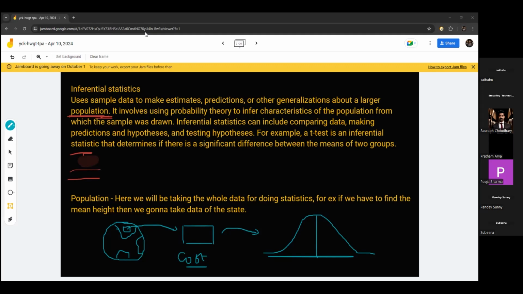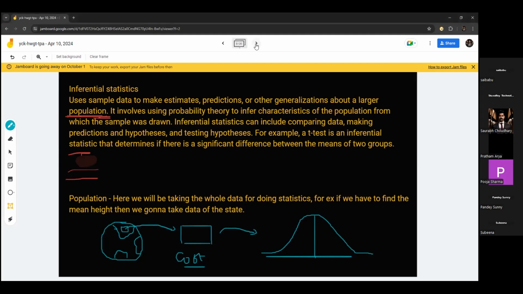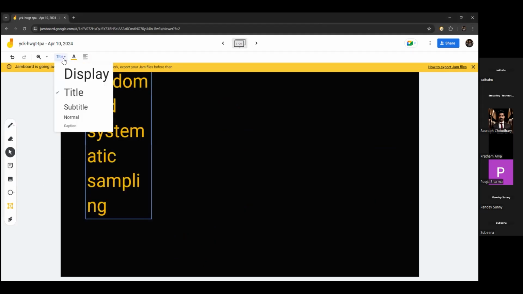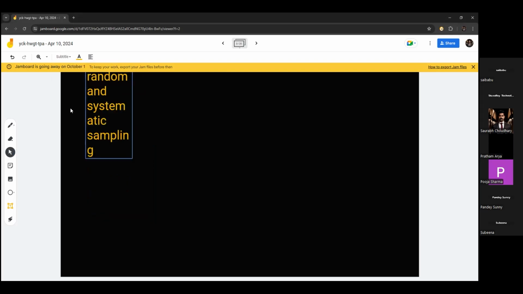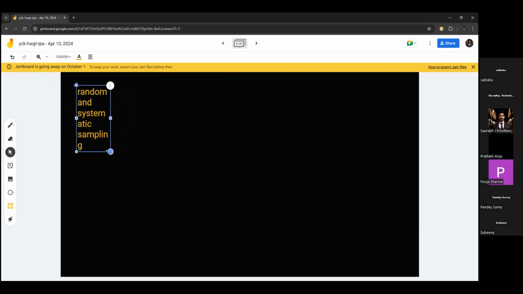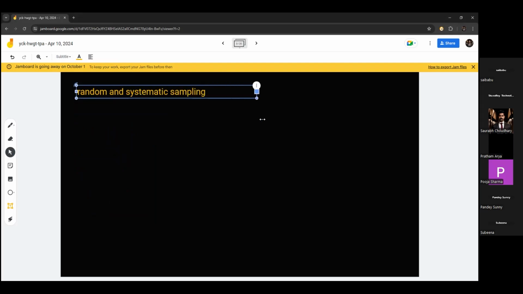So there are two types of collection of the data that we can say. First is random, and second is systematic sampling.